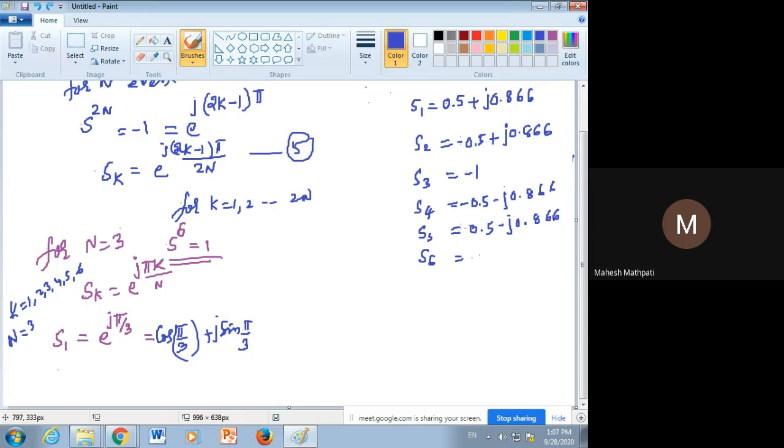Now what is the conclusion you can make out of these roots? क्या conclusion निकाल सकते हैं आप?